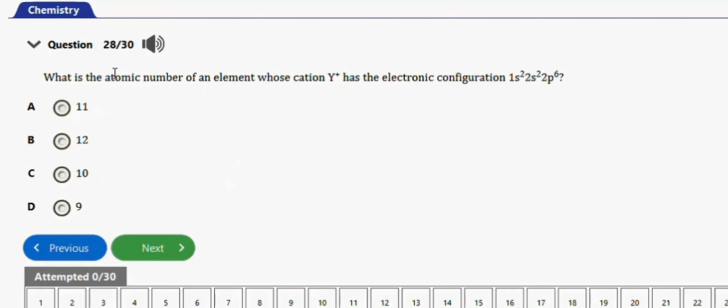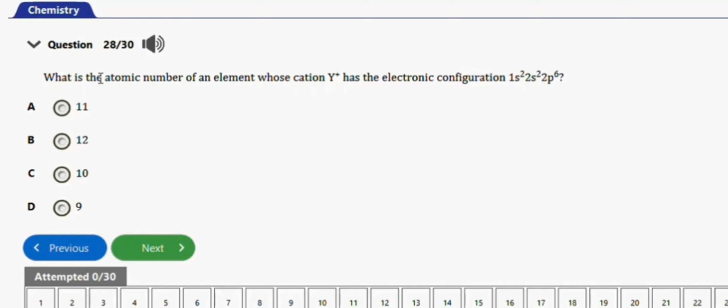It says what is the atomic number of the element whose cation has the electronic configuration? Okay, so this is neon, right? This is the structure of the element before it takes part in a chemical reaction.